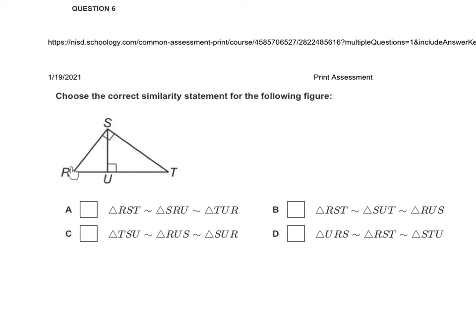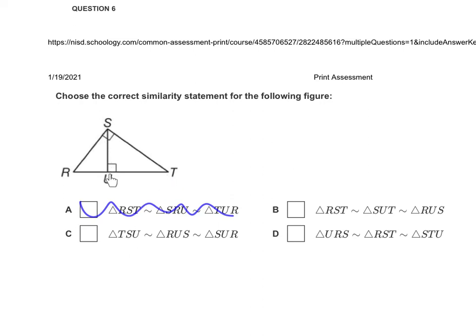So option A, we have RST, so we have a right angle up here. SRU, remember you want to have these right angles matched up, so S was a right angle, R is not, so I know A is not my answer. Then we're going to look at our next one.